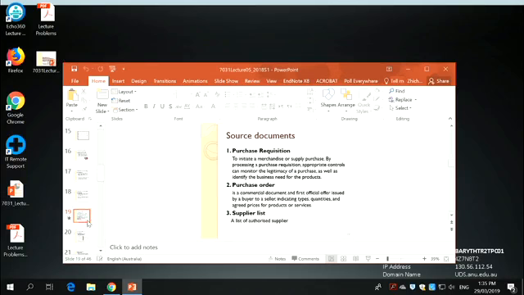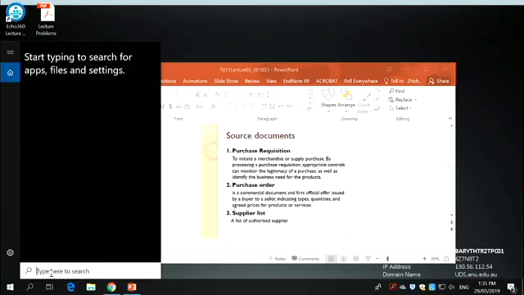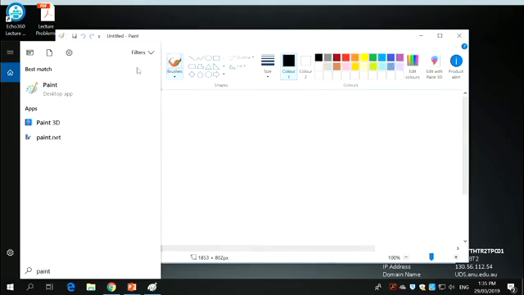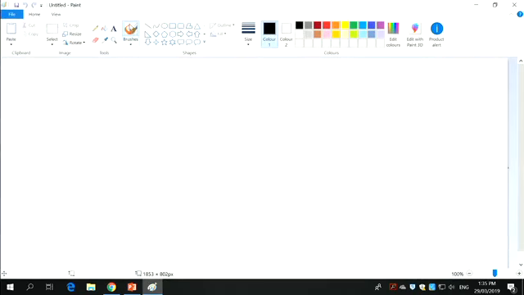Maybe I need to draw a picture here. You know that a manufacturing firm may have different departments. Let's just say this is the production department.